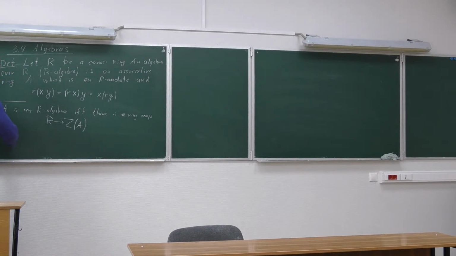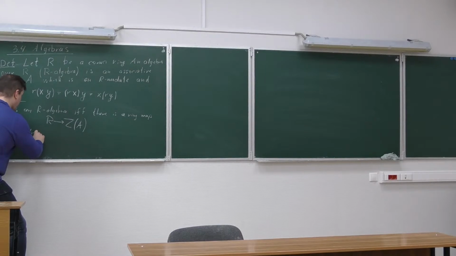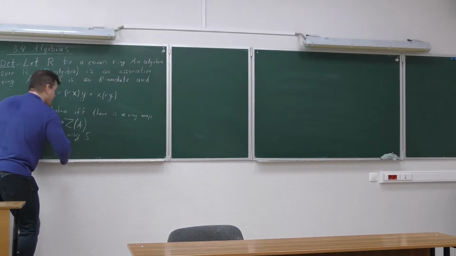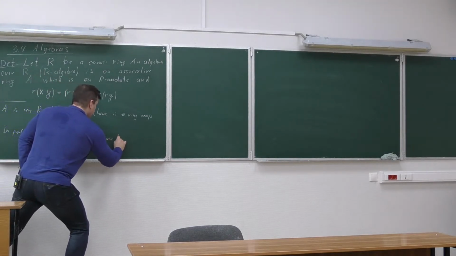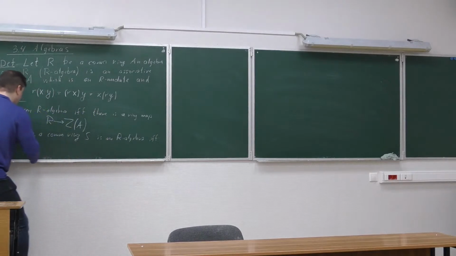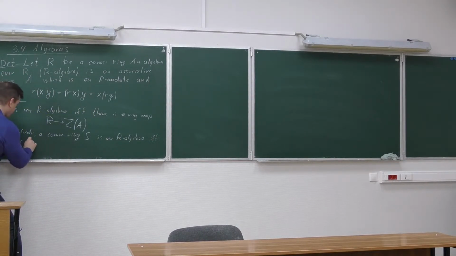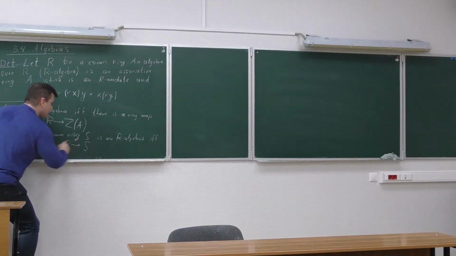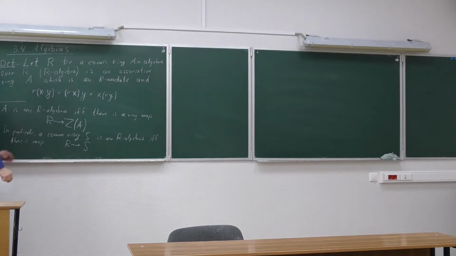Okay, and the important remark for us, that in particular a commutative ring S is an R algebra if and only if there is a map of the rings from R to S. Right, so in this case, if this is a commutative thing, the center just coincides with the algebra, so it's equivalent to saying that there's just a map like this.